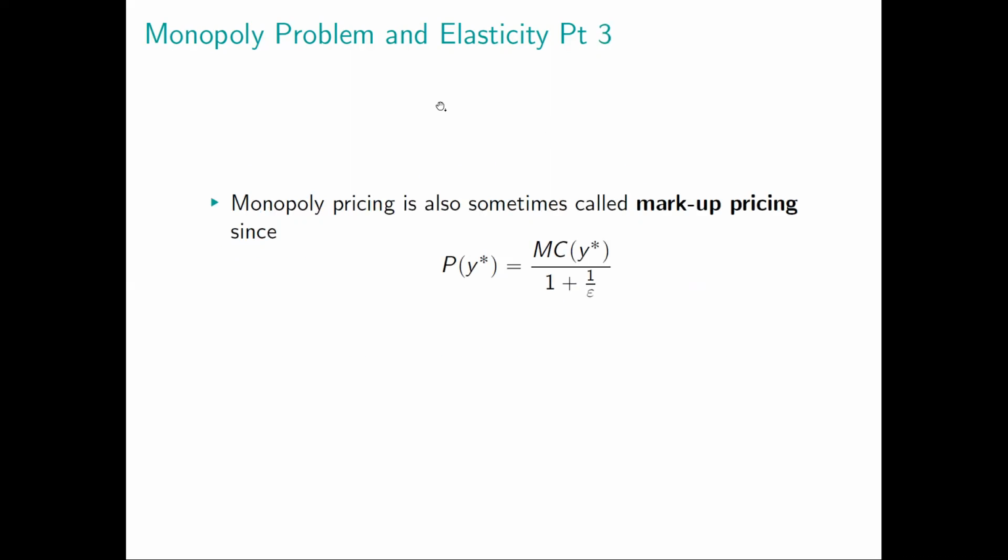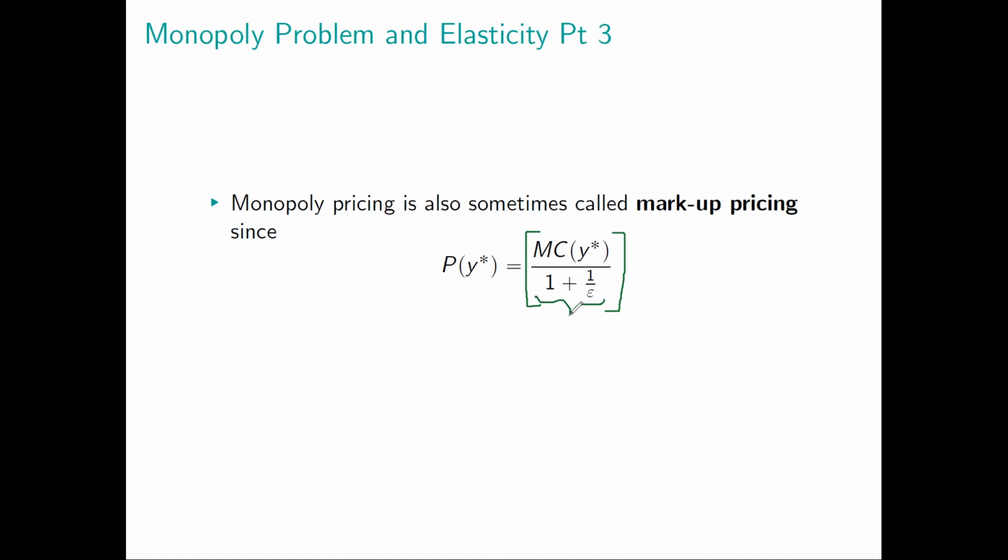There's another way to relate monopoly pricing to elasticity. So one way to do this is through this notion of markup pricing, right? So if a firm has some market power, what they might do is try and increase the price of the good by some factor.